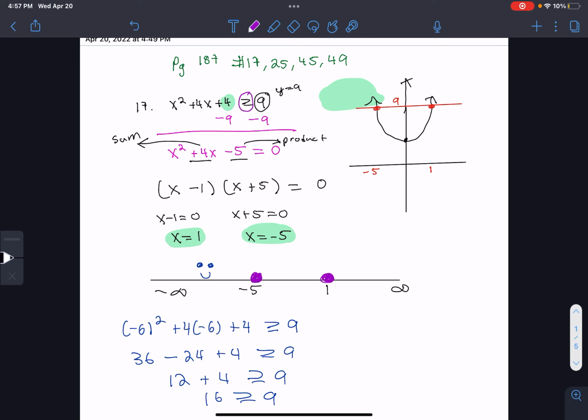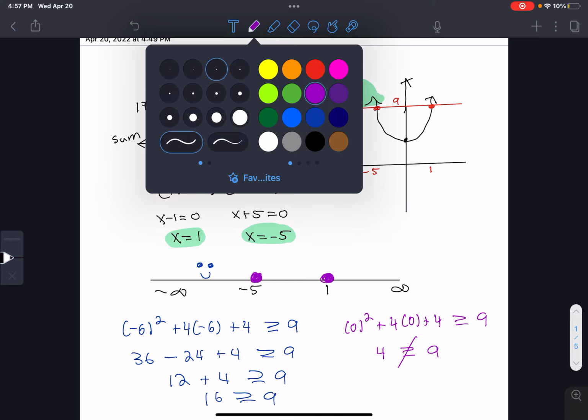Next we go between -5 and 1. I'm going to pick an easy number, 0. So 0 squared plus 4 times 0 plus 4, and I check if it's greater than or equal to 9. This gives me 4. 4 is not equal or greater than 9, so I'm going to put a sad face there.